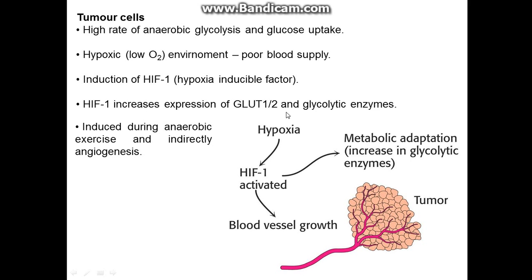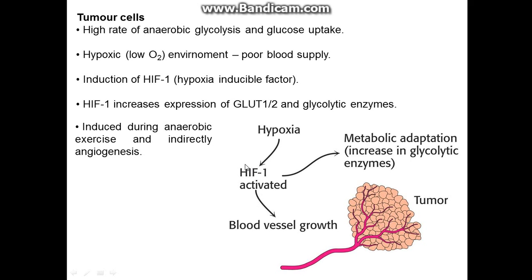This increases the expression of GLUT1 and 2. Do you remember that earlier we mentioned those were membrane proteins designed to transport glucose into the cell to allow for glycolysis to happen. And it also increases glycolytic enzymes, which are the enzymes used in glycolysis.